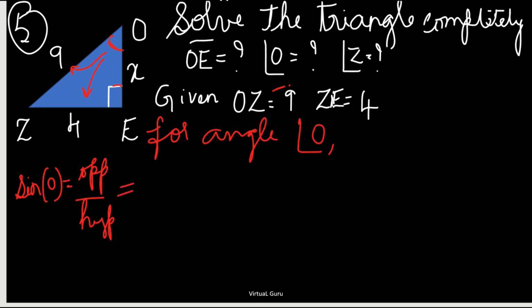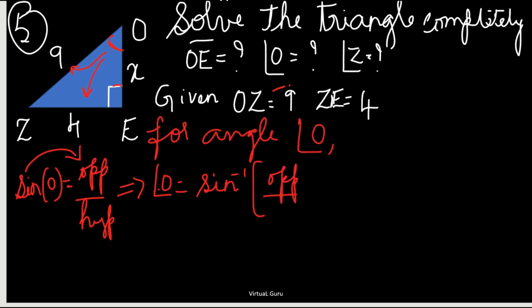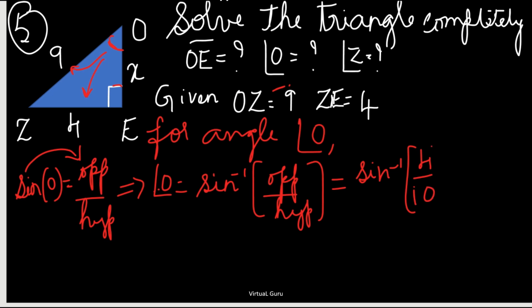that will be sine of angle O, because sine is the one which deals with opposite by hypotenuse. So angle O is equal to, bringing the sine function to the right hand side, sine inverse of opposite by hypotenuse, that is equal to sine inverse of 4 by, I'm sorry, it is 9.